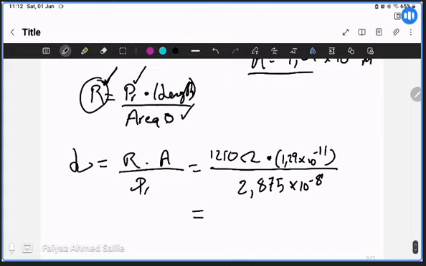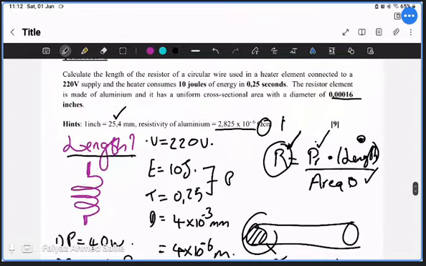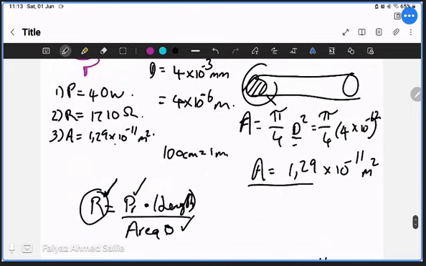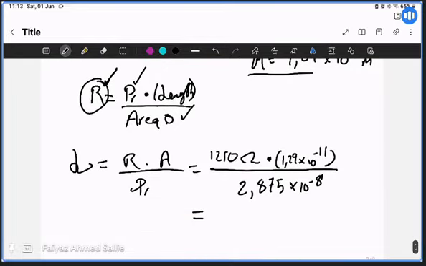And the length of our wire will be... let's see if I got the resistivity here. So we have negative 6 times negative 6, right? Divided by 100. So we're going to get negative 8. Okay. So now we have to punch this into our calculator.